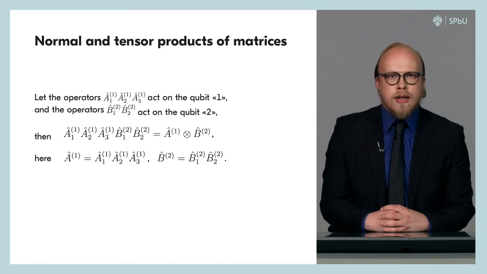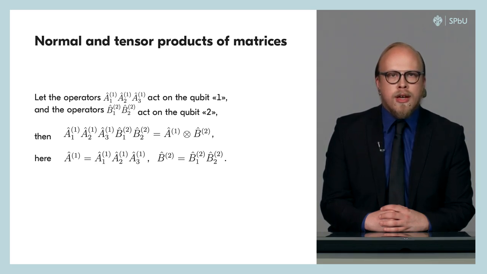We emphasize that for each qubit, any operator will act on the Hilbert space of this qubit and will in no way act on other qubits. Thus, if we have the product of operators A1, A2, and A3, which act on one qubit, and the product of operators B1, B2, which act on another qubit, before performing the tensor product we must first find the explicit form of the operators acting on every qubit.